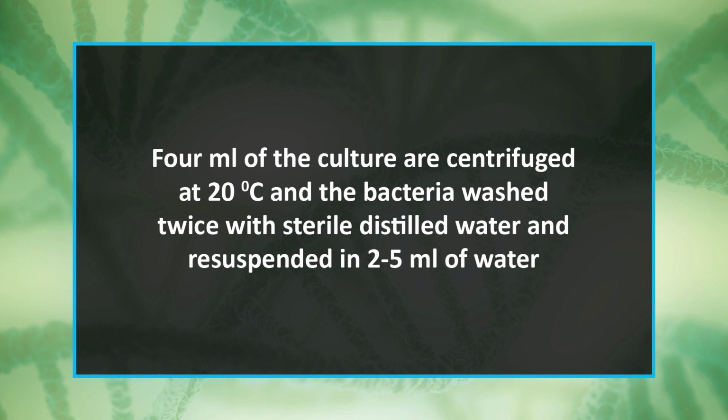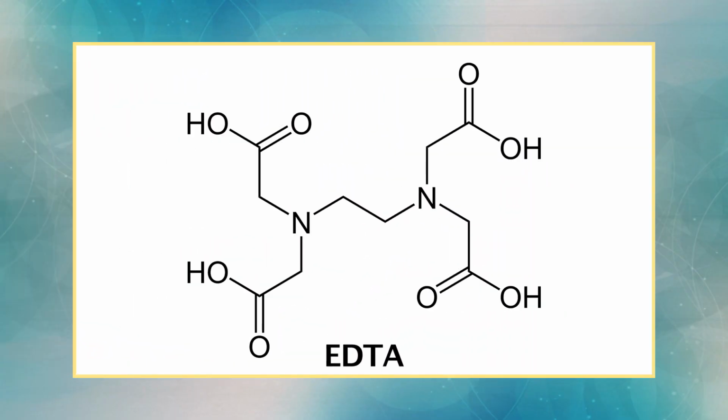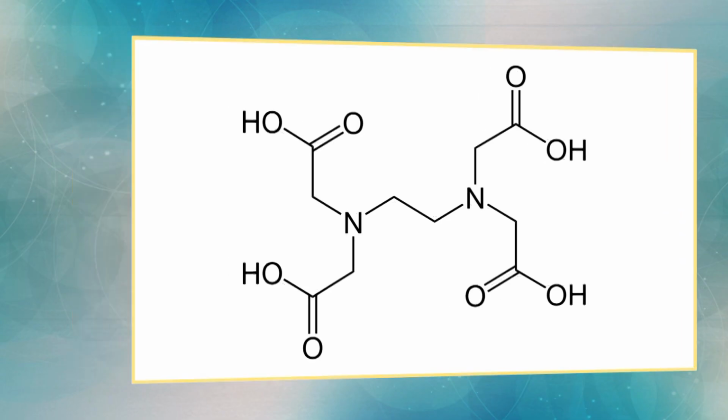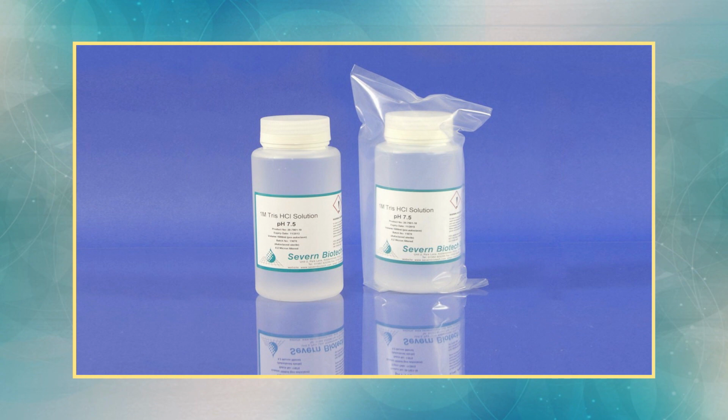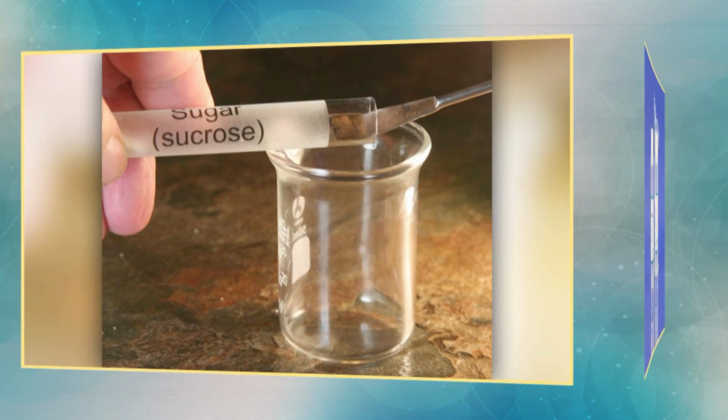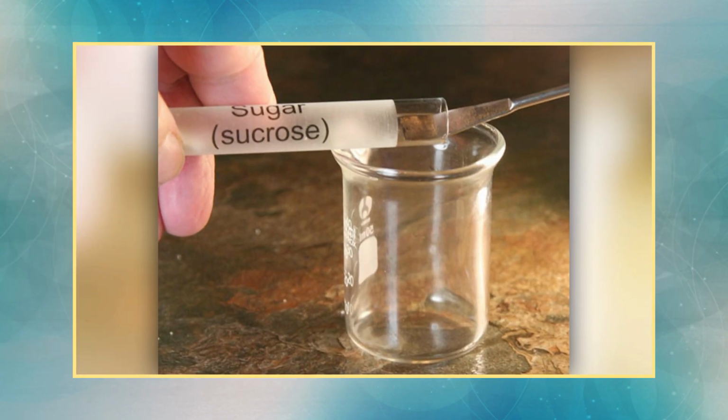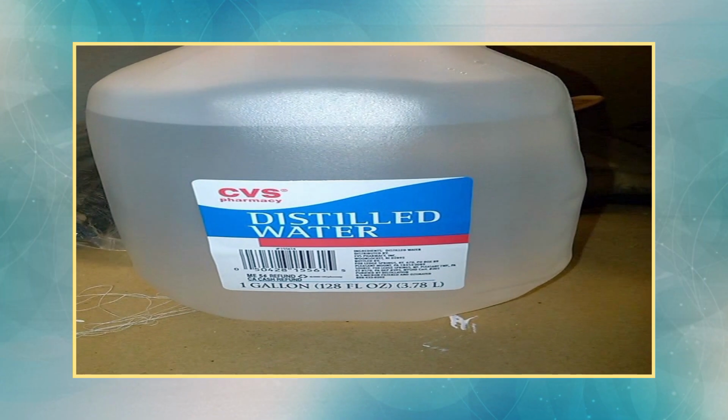4 milliliters of the culture are centrifuged at 20 degrees Celsius and the bacteria washed twice with sterile distilled water and resuspended in 2 to 5 milliliters of water. 2 milliliters of the suspension are added to 0.3 milliliters EDTA solution of 0.03 molarity, 0.24 milliliter lysozyme solution of 500 micrograms per milliliter, 0.2 milliliter Tris buffer of 1 molarity, 1.2 milliliter sucrose solution of 1.5 molarity and distilled water 2.06 milliliters, and incubated at 37 degrees Celsius for 30 minutes without shaking.